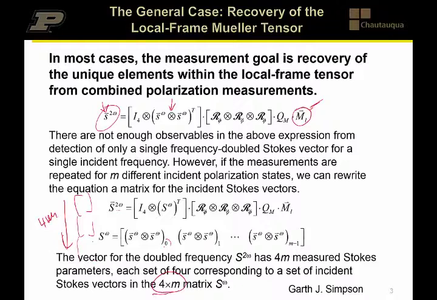Each set of 4 we get from the Stokes measurement for a given incident polarization state. Hopefully that all makes sense. So this turns out to be a 4m by 20 matrix if I look at the entire set there. And as long as 4m is greater than 20, we have a hope of inverting this.